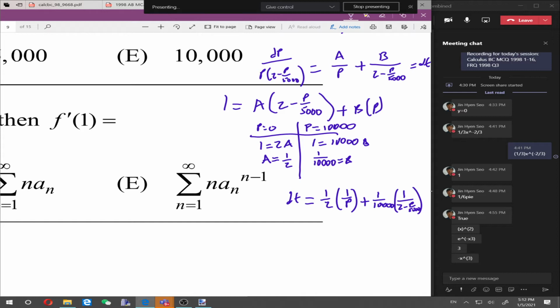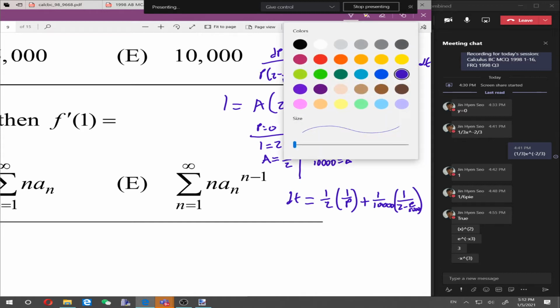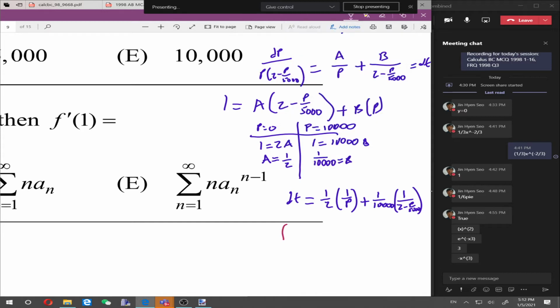So if I want to integrate both sides, it would look like this. The integral of dt is equal to 1/2 times the integral of 1 over p plus 1 over 10,000 times the integral of 1 over 2 minus p over 5,000.